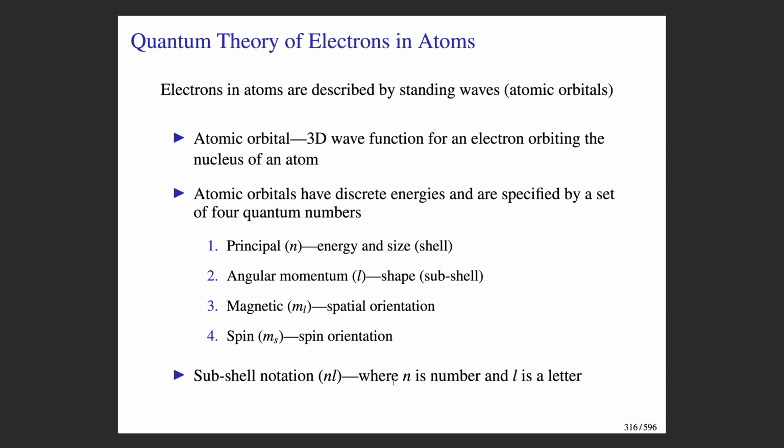Now, the electron is also moving around the atom, so it's moving in a curved path around the atom. And it turns out that whenever you have something that's moving in an orbital fashion, it has something called angular momentum. And for the electronic motion, the angular momentum is quantized as well.